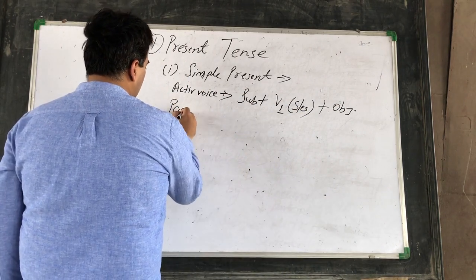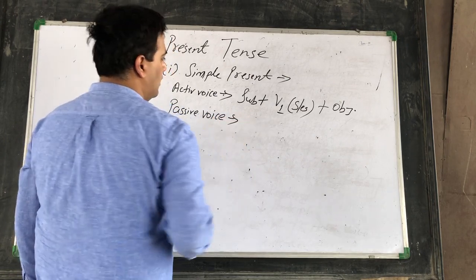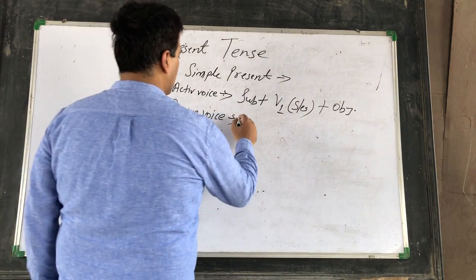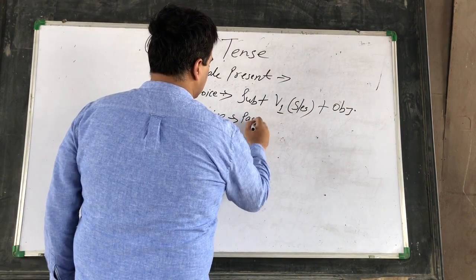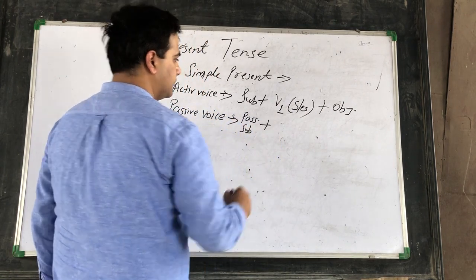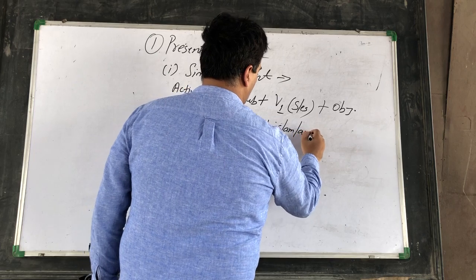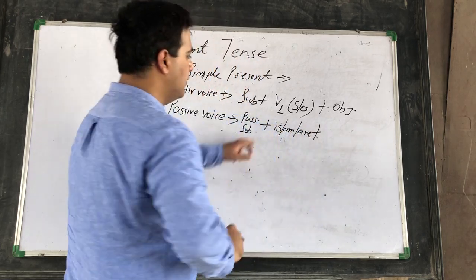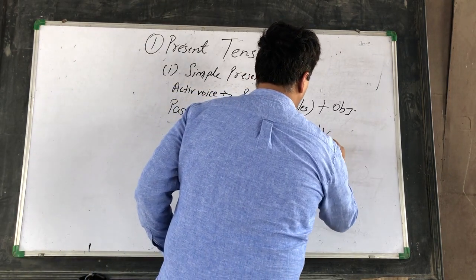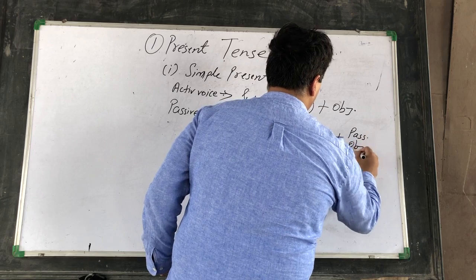Now what will happen when it is changed into passive voice? It becomes passive subject plus is, am, are, plus the main verb of the sentence changed into verb third form, and then the passive object.